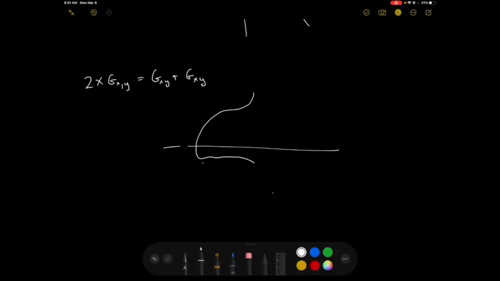So here's our elliptic curve, and we have our generator G here on the curve. The way we do point addition in elliptic curves is you draw a line tangent to G. This is our point G. Then wherever it intersects the curve, you reflect it over the x-axis. Wherever it intersects, that is going to be G plus G, or 2G.